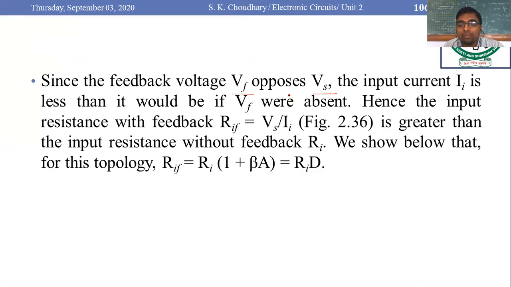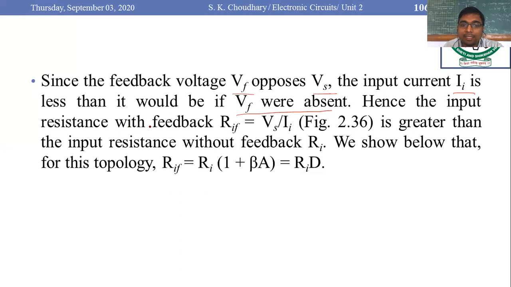The polarity of these two signals, VF opposes VS, and because of that the input current II is less than it would be if VF were absent. If VF were not present in the circuit, II is larger. So when you apply this feedback, input current II is decreased.